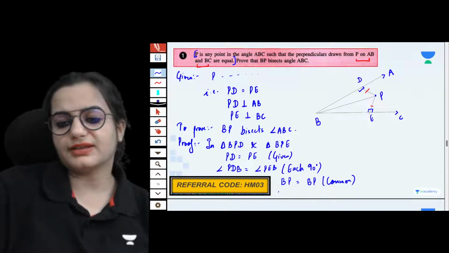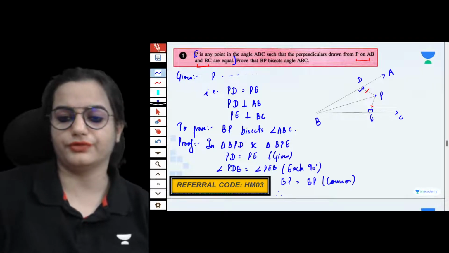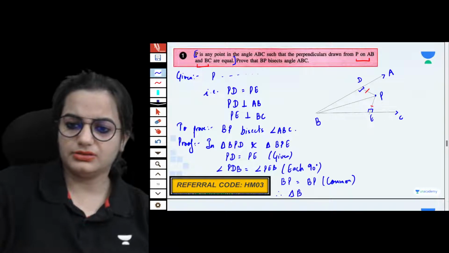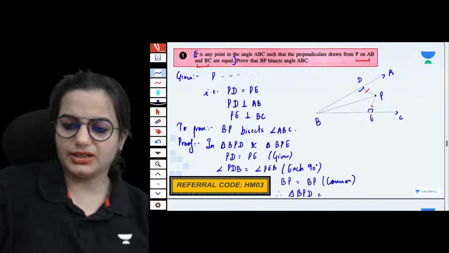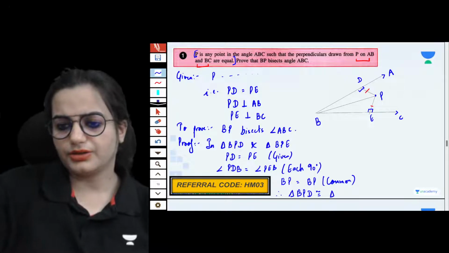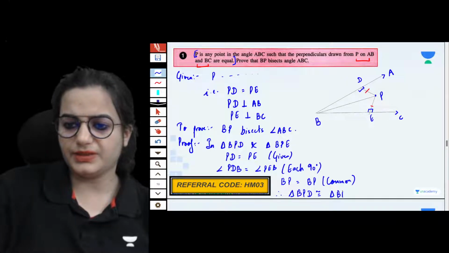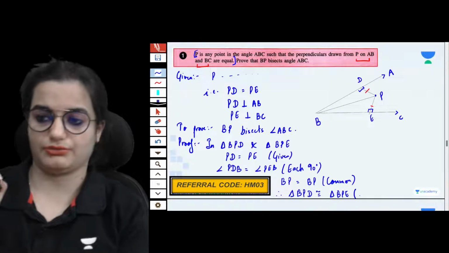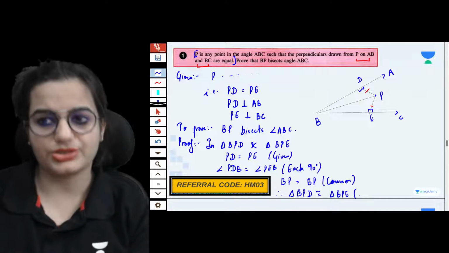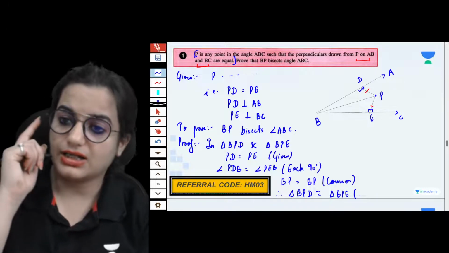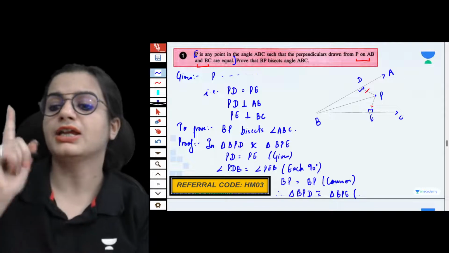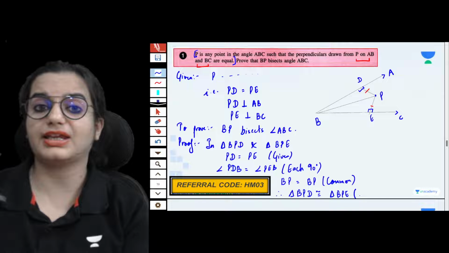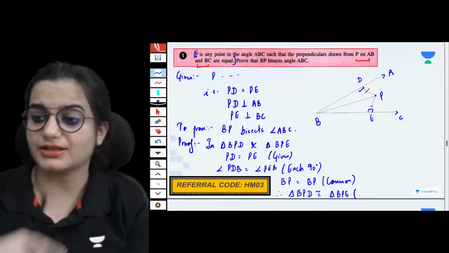Clear? Now we can say that therefore, triangle BPD is congruent to triangle BPE. Please tell me by which of the congruence rule. I told you one condition that जब आपका 90 डिग्री होगा, you should check hypotenuse is available or not. Now please इसमें बताओ, are we taking the hypotenuse in this condition?